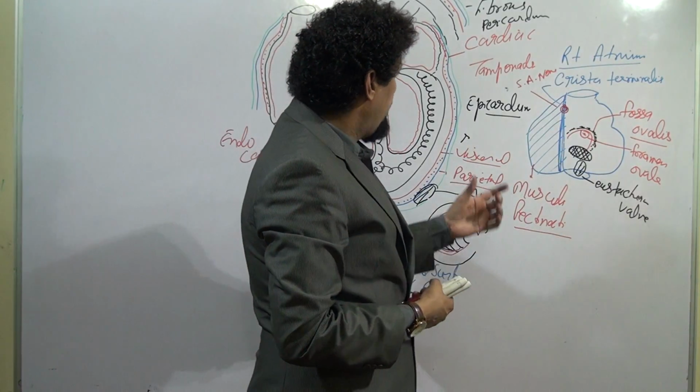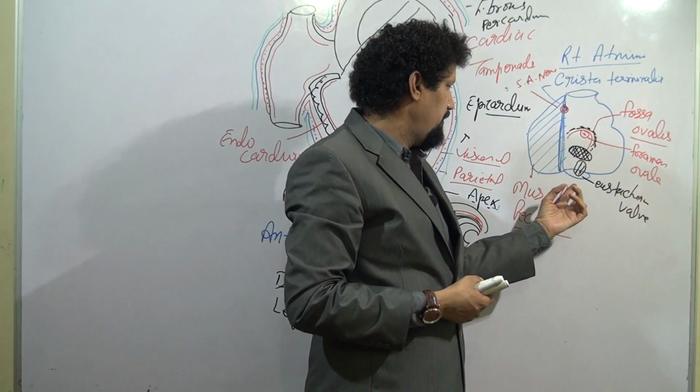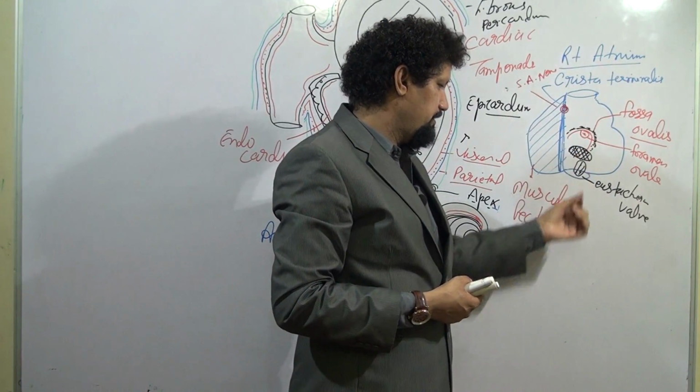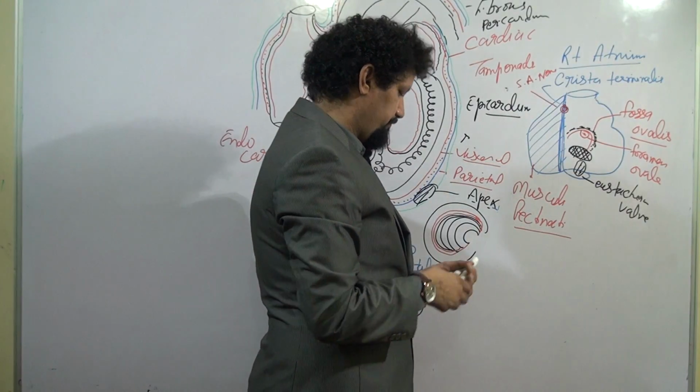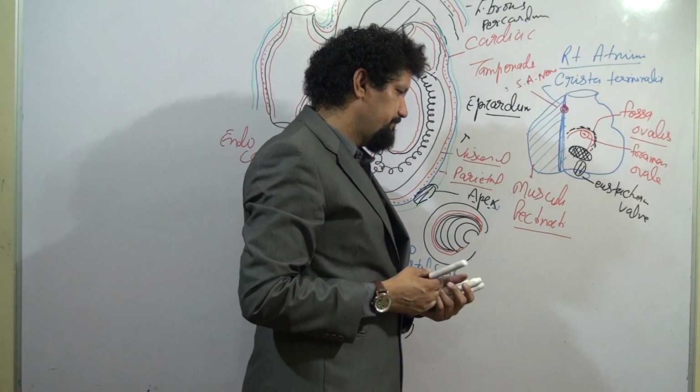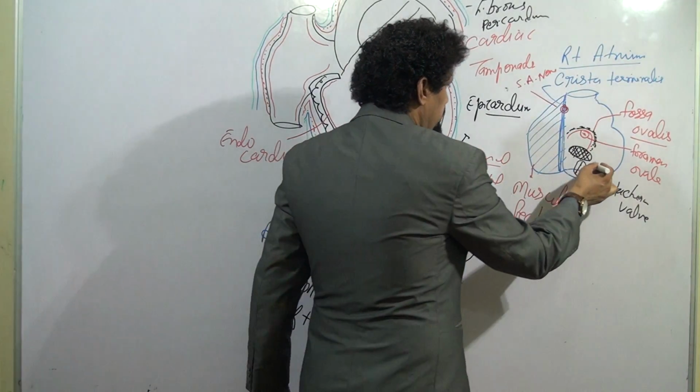So the right atrium has openings of the superior vena cava, the inferior vena cava, the coronary sinus, and it also has the openings of the anterior cardiac veins, small openings.